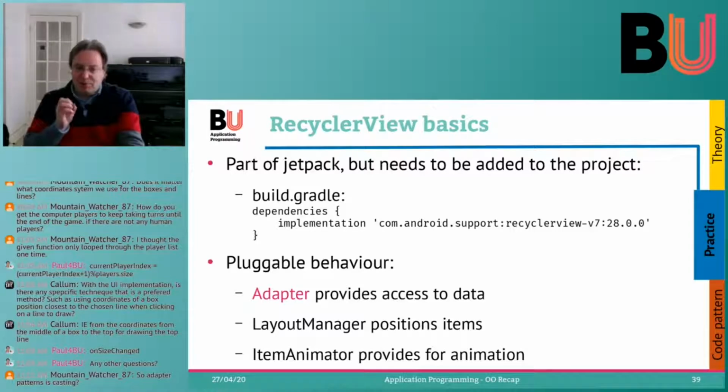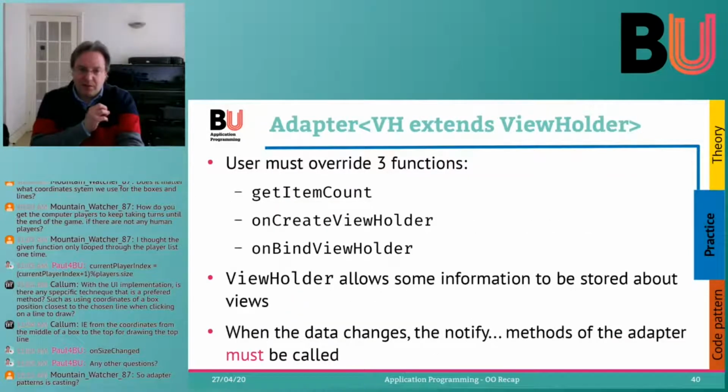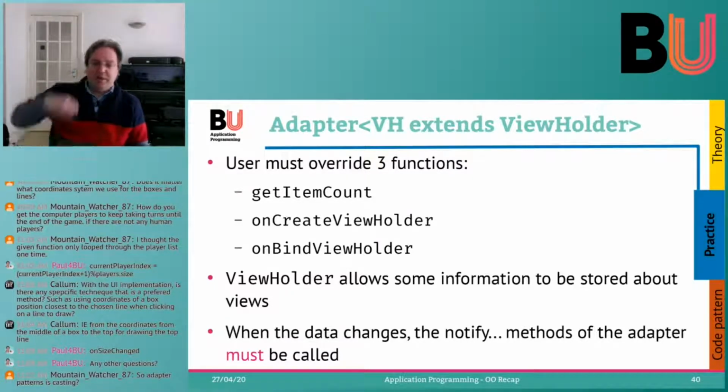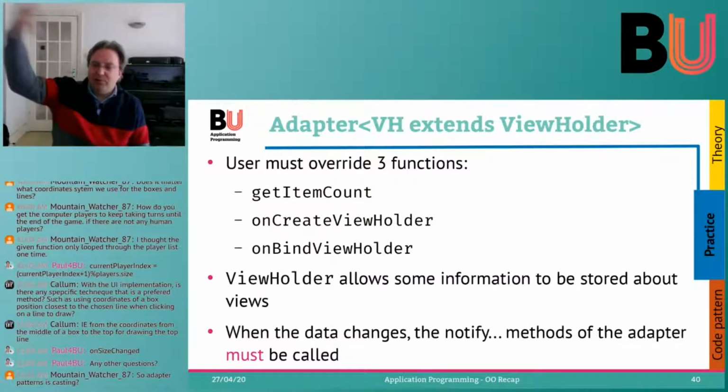Getting back to the simple usage of RecyclerView, you basically need to create an adapter. Important there is this generic parameter VH, which is a view holder. A view holder is an object that holds a view, but also can have methods and properties. So you say, set this data to the view holder, and you just make it work.